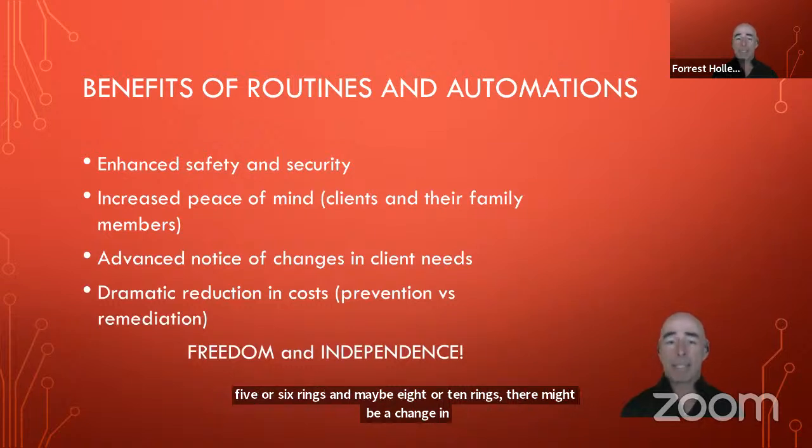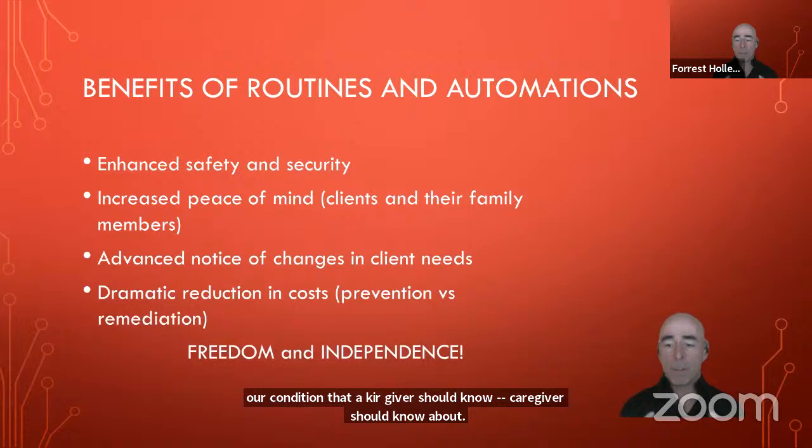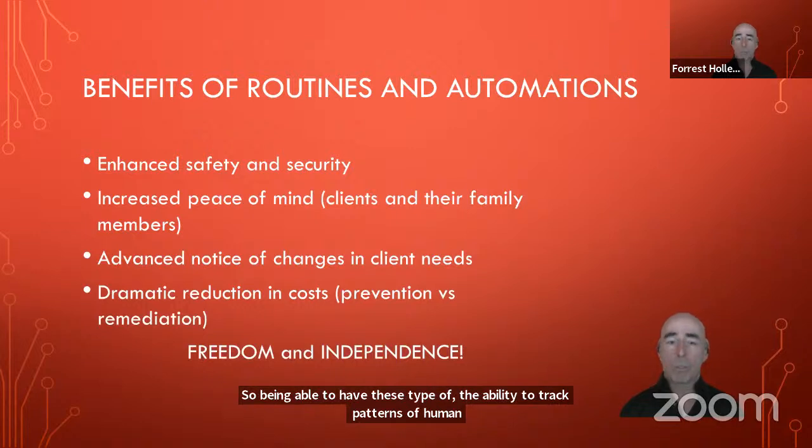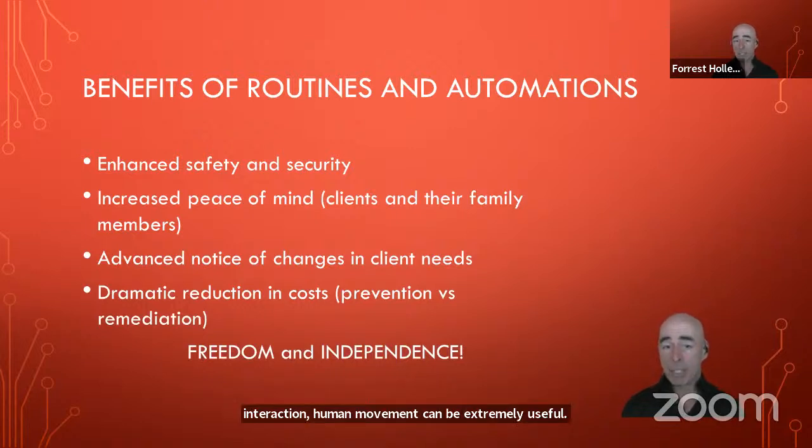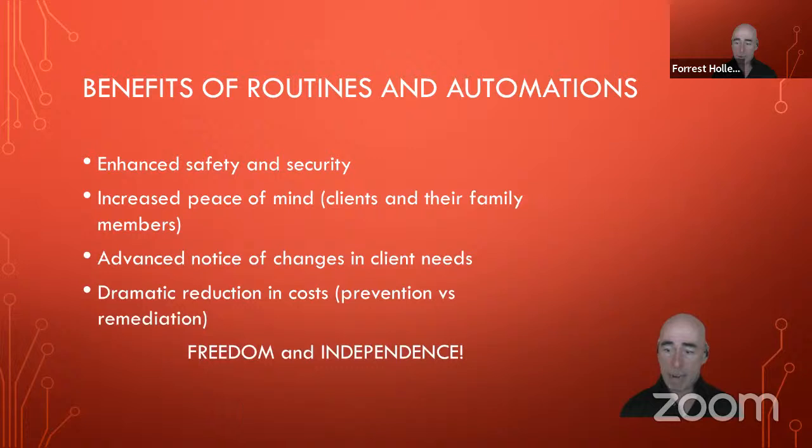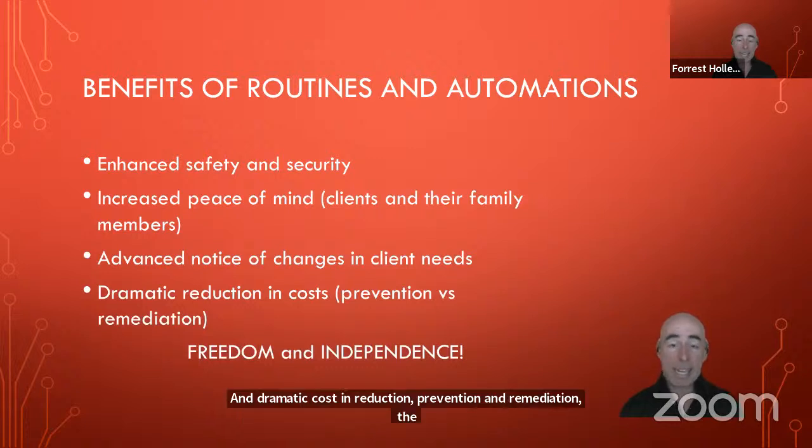So the ability to track patterns of human interaction and human movement can be extremely useful. And then dramatic cost reduction: prevention versus remediation. I think it's the age-old expression, an ounce of prevention is worth a pound of cure. I can't think of a more applicable example of that kind of thinking than in the medical sense.